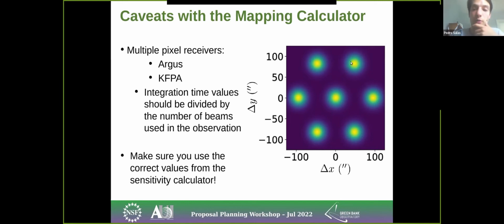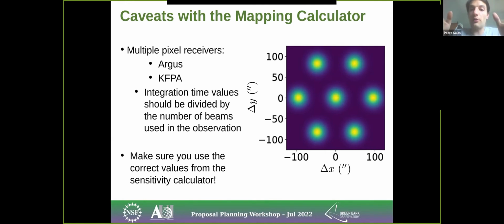In this case, we're showing the disposition of the beams in the K-band focal plane array, where you have 7 beams. And in this particular case, say for example, the sensitivity calculator says you need a time of 700 seconds to reach your sensitivity at one position.